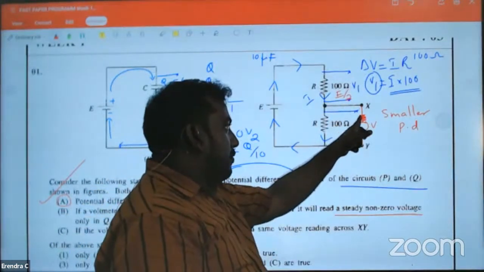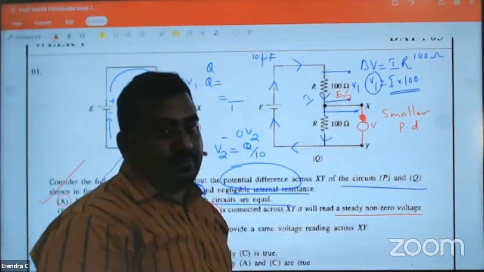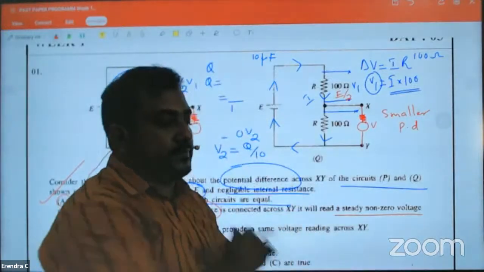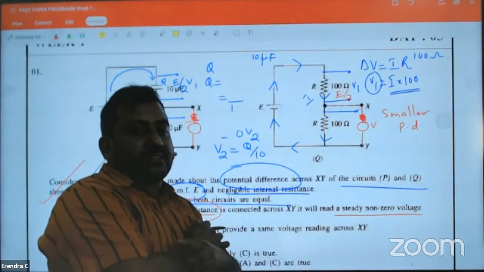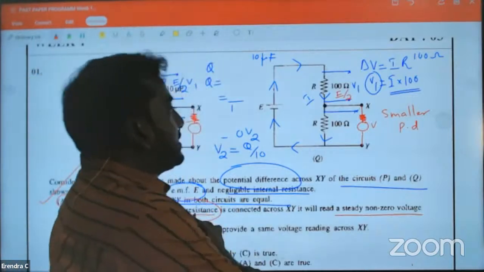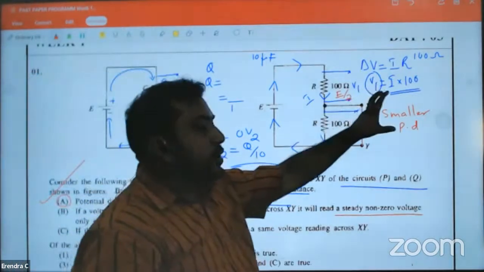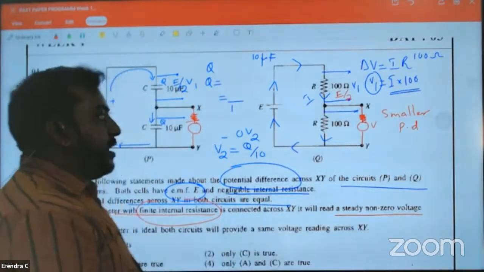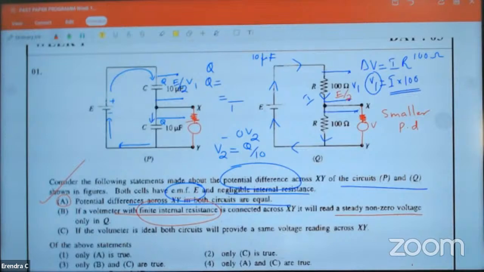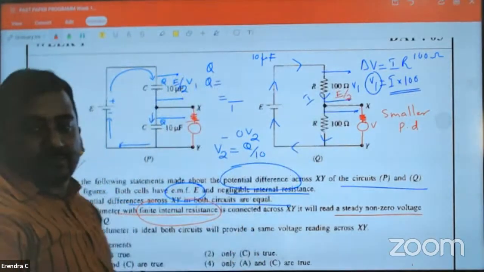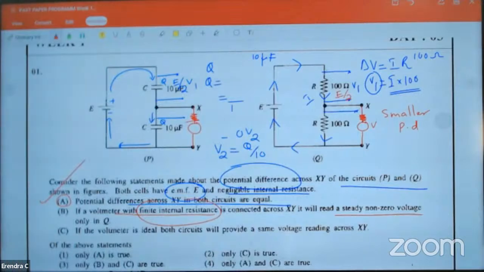When we connect a voltmeter parallel to the resistor, therefore there will be a smaller potential difference. So here, there is going to be a smaller potential difference acting.